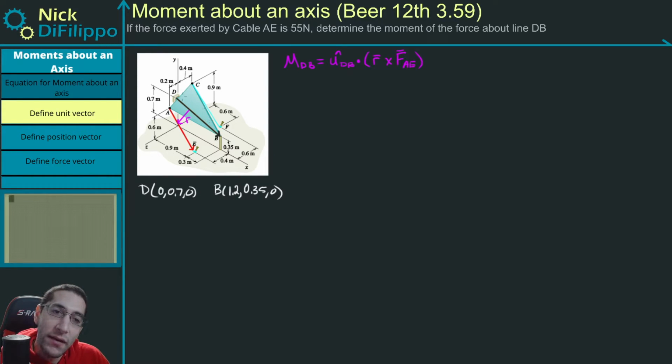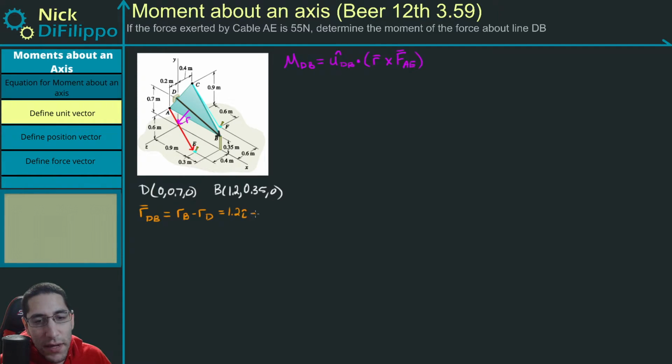I want to subtract the tail from the head, so I'm going to subtract point D from point B. So this position vector, r_DB, is going to be equal to the position of B minus the position of D. So this is equal to 1.2 minus 0 is 1.2i, 0.35 minus 0.7 is minus 0.35j, and 0 minus 0 is plus 0k.